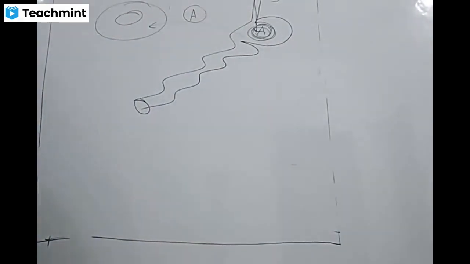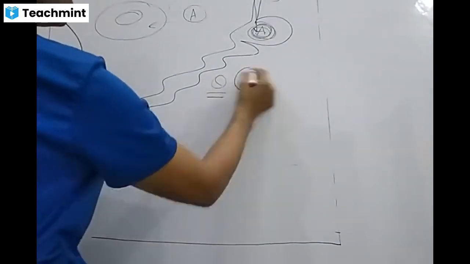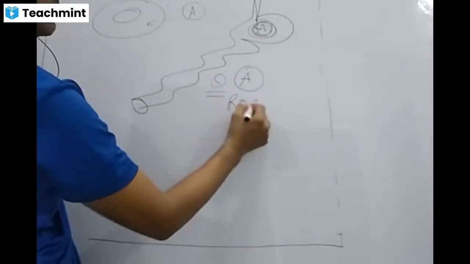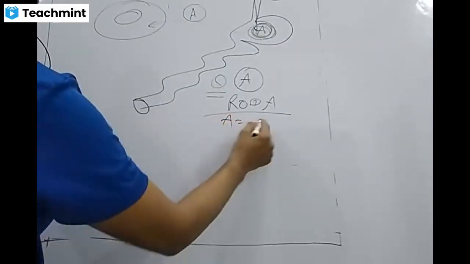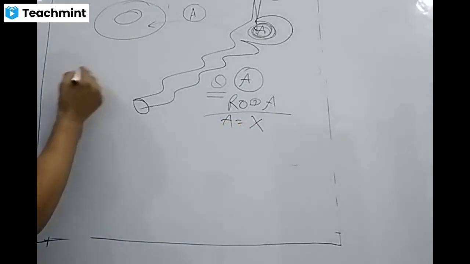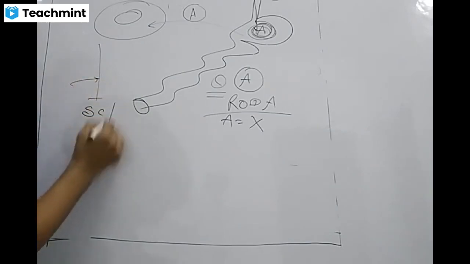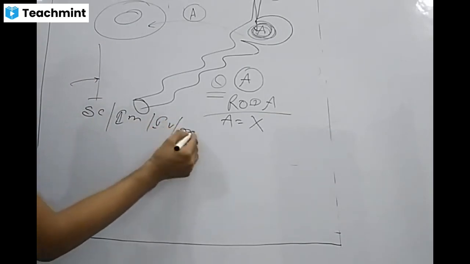Then the first question is, is there any route of drug administration where this absorption is absent? See, we can administer a drug by subcutaneous route, intramuscular, IV and oral.